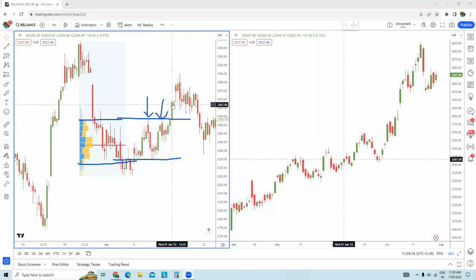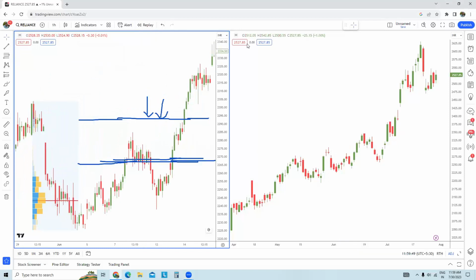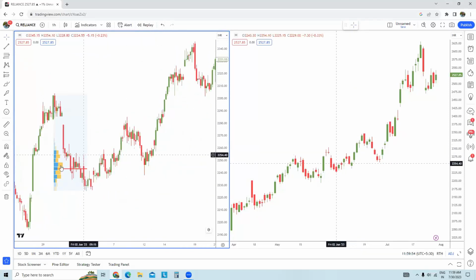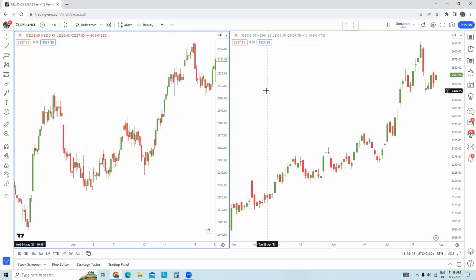And then the next day when it gave a breakout, it went up, retested this zone, which was the lower end of the support band, and then it started going higher. And then you can see how the rally panned out. So this is how you can find resistances in a stock where you're trying to initiate a swing trade.